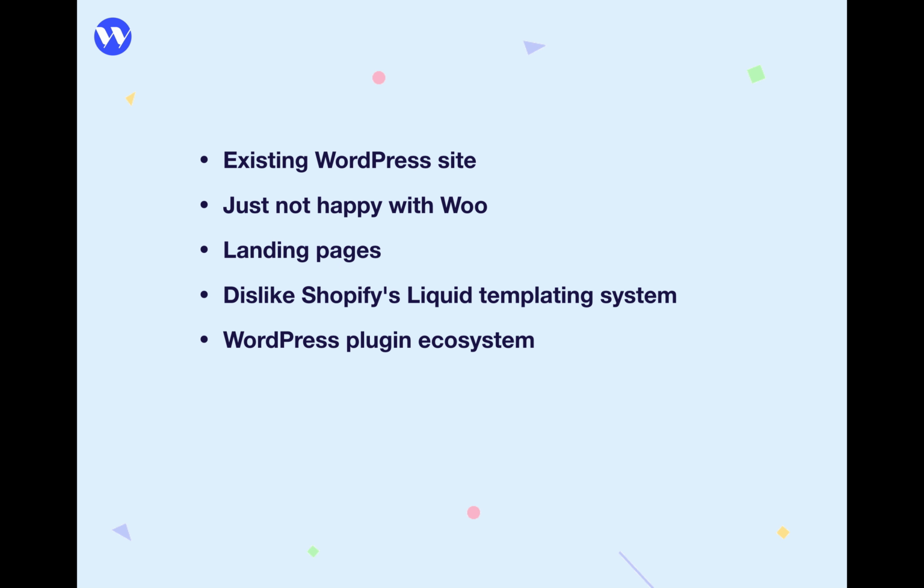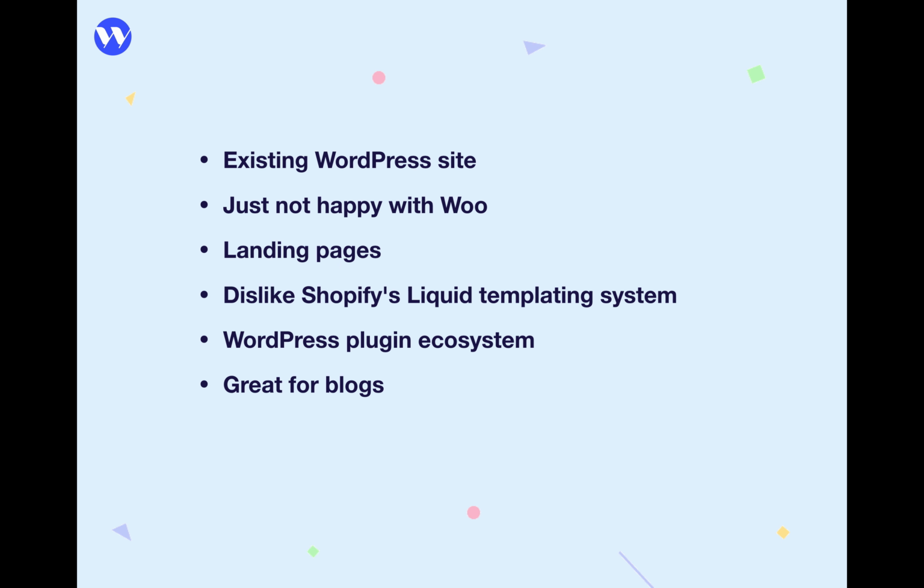Now, also, to build on bullet number one here, maybe you have an existing WordPress site and you want to leverage some really critical WordPress plugins. Well, because WP Shopify is a plugin also, it can work hand in hand with the other plugins. So it enables you to leverage the entire WordPress plugin ecosystem.